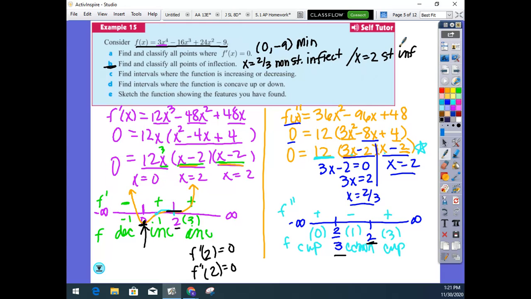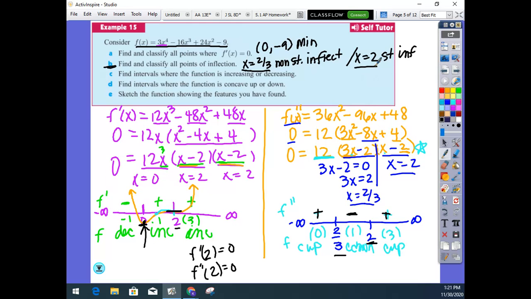Probably the big thing, notice how we change from positive to negative and then negative to positive. Probably the most important thing you've got to do is recognize that both x equals 2/3 and x equals 2 are both inflection points. If you're confused about the non-stationary versus the stationary, not a huge deal.